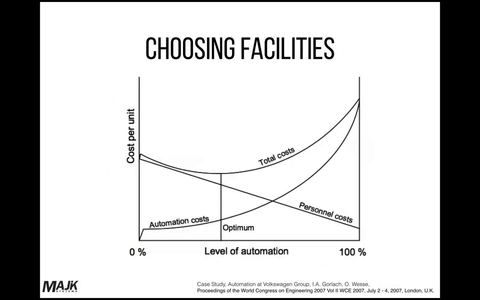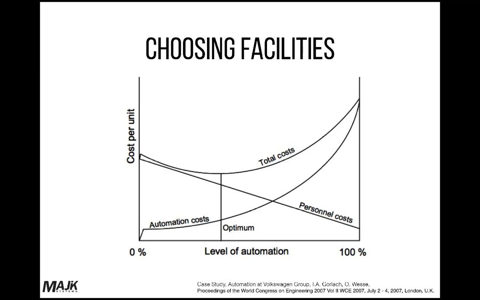So, stages of implementation. Really, this starts off with, as we were talking about, that pilot phase, subsystem or single plant phase, and then full implementation. Big part of this is choosing facilities. And at the start, you really want to choose a facility that is going to lean you towards a successful project.